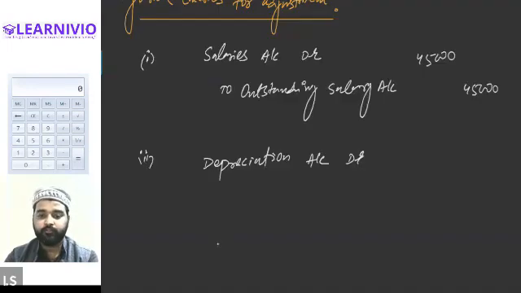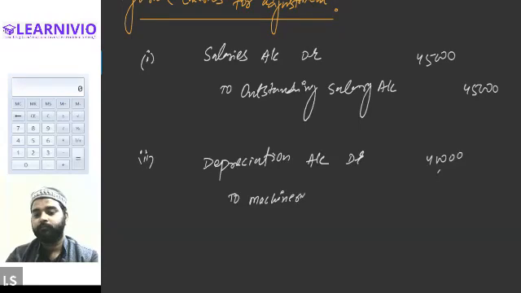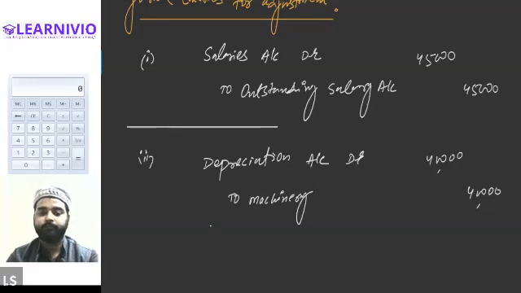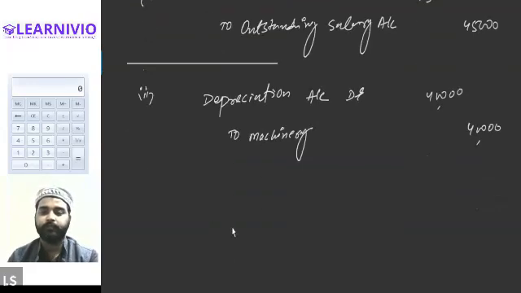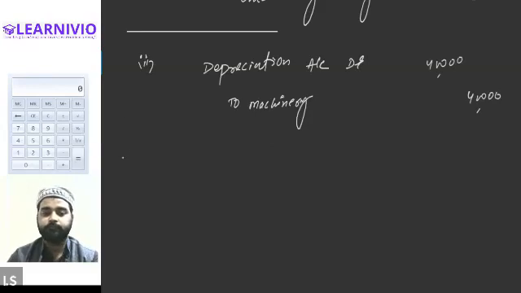The value of machinery was 4 lakh, so depreciation will be 10% of 4 lakh. That means 40,000 to machinery, 40,000. Is it clear? Hamad, Alexander, and Halima. Yes, sir.